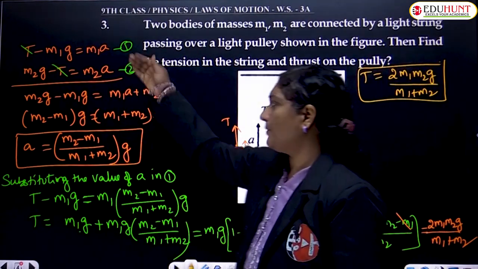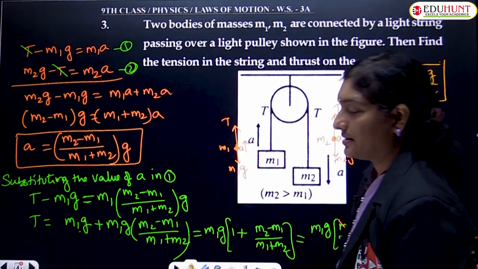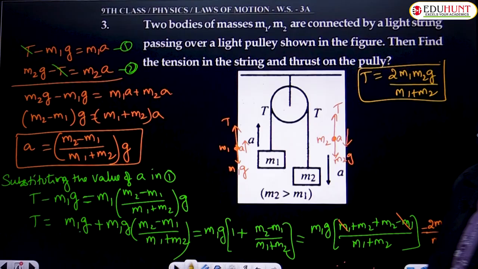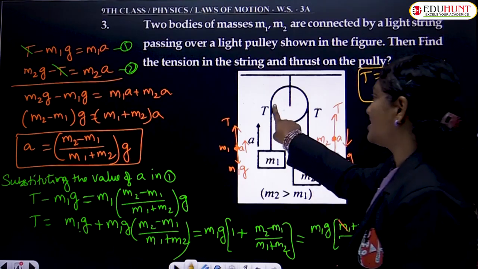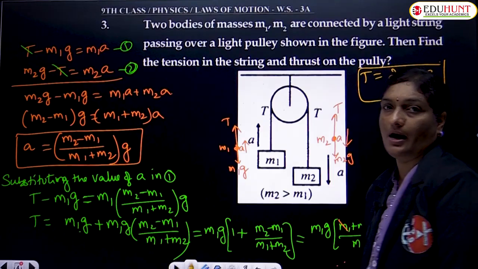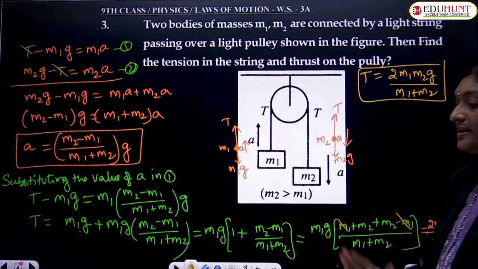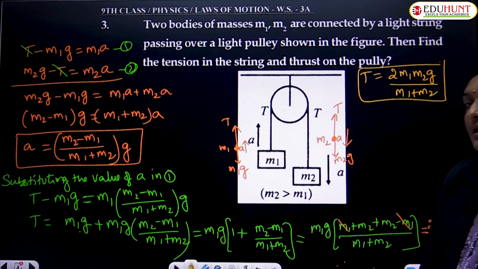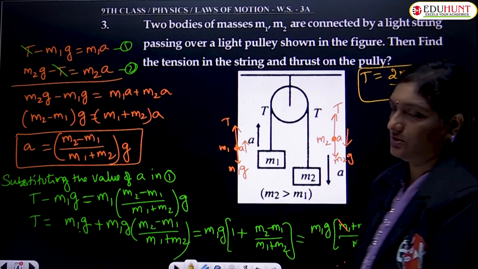Simply the same concept whatever we have discussed. But another thing, they have also asked us to find the thrust acting on the system. If you observe, this tension is acting upwards and here also the tension is acting upwards. So these two tensions acting on the pulley are parallel to each other. Parallel means the angle between the two tensions is 0 degrees.